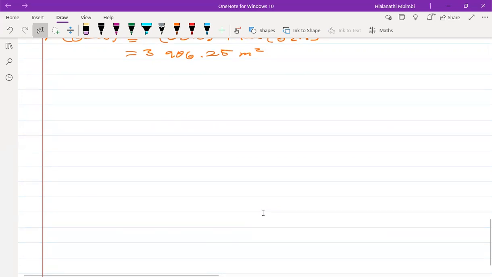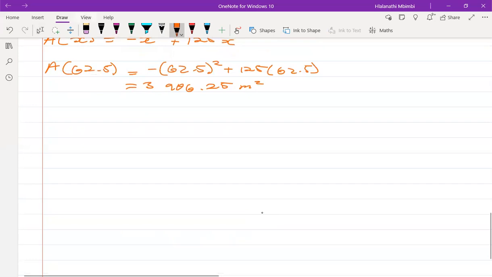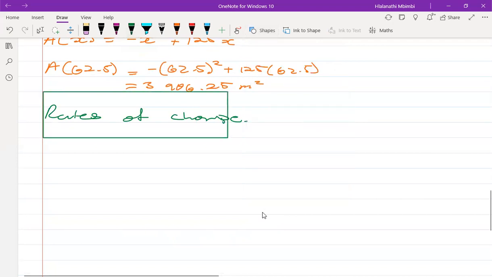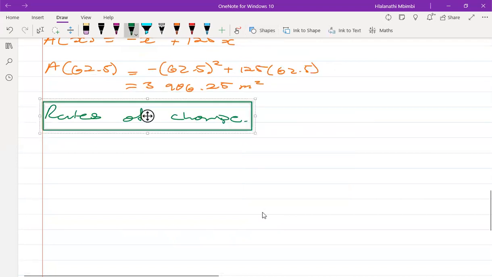We also talk about something called rates of change, which is a different application. I won't talk a lot about it, but I'll just give you ideas, or probably just do an example. So rates of change is basically noting that if you have a displacement given as a function of time, if you were to take a derivative or a gradient of that, you will get the velocity as a function of time.